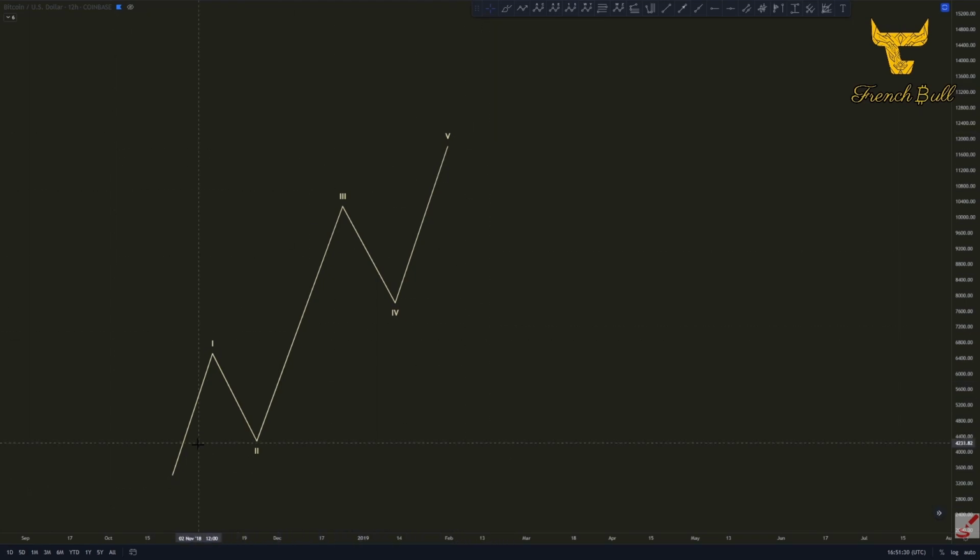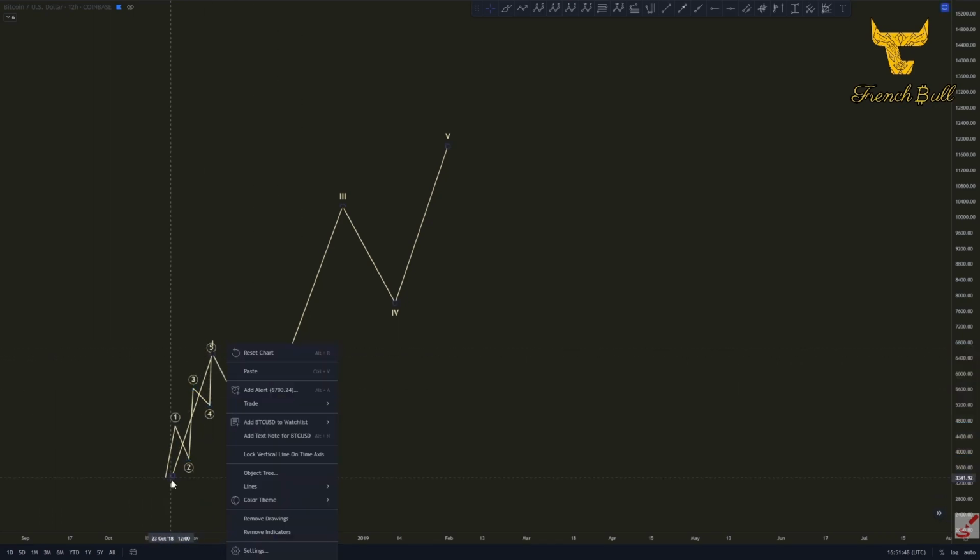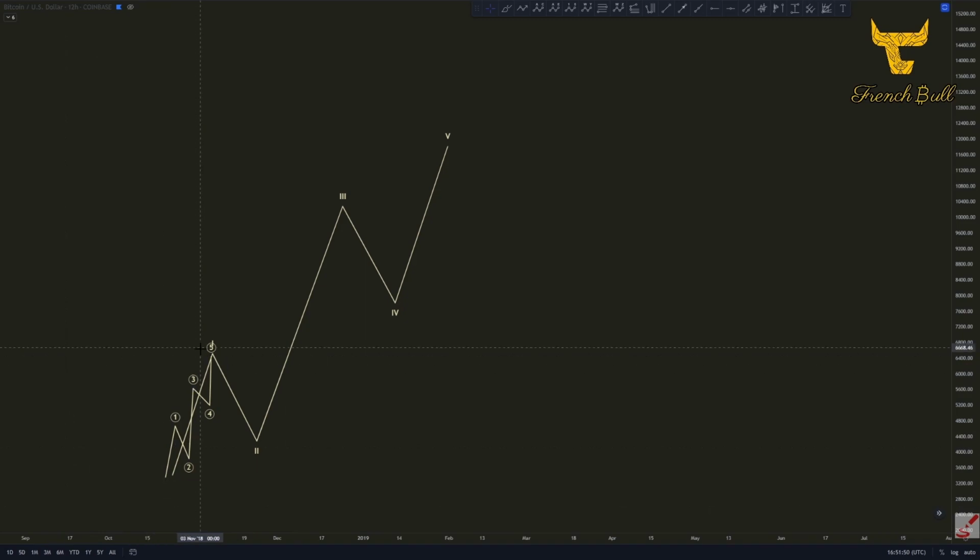In each impulse, we should be able to read what we call lesser degree waves. So, in the impulse, we got sub-impulsive moves for the moves that go along the trend, and what we call corrective moves for the moves that go against the trend or sideways.